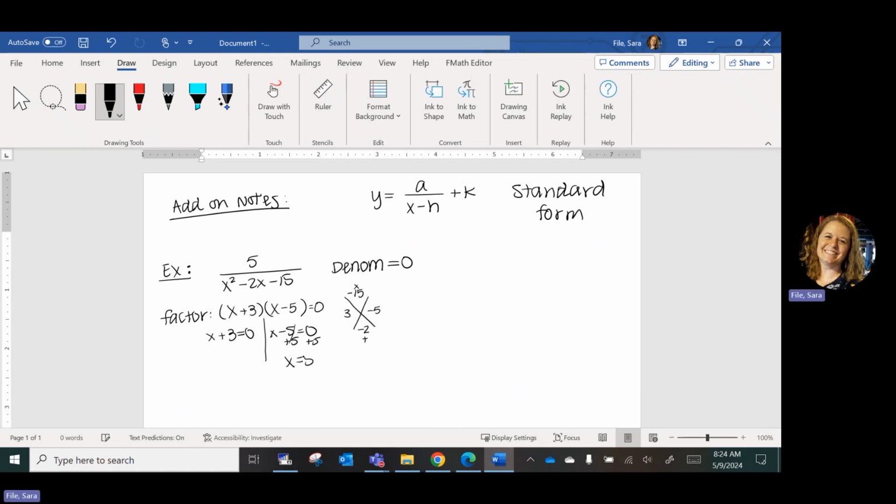So you end up with 5 and negative 3. But like I said, most of you can just get to the factored form and see that a 5 would make that 0, a negative 3 would make that 0. So those are the exclusions.